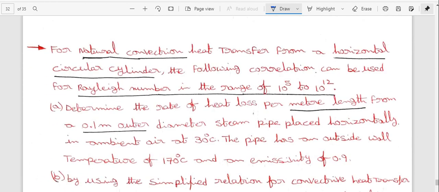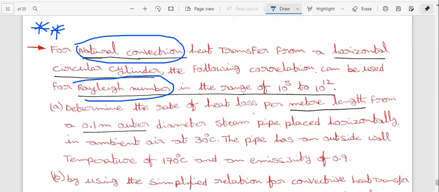So coming to the next question. Here this is an important problem. For natural convection, the first line mentions natural convection heat transfer from a horizontal circular cylinder, and the following correlation can be used for Rayleigh number in the range of 10 power 5 to 10 power 12.